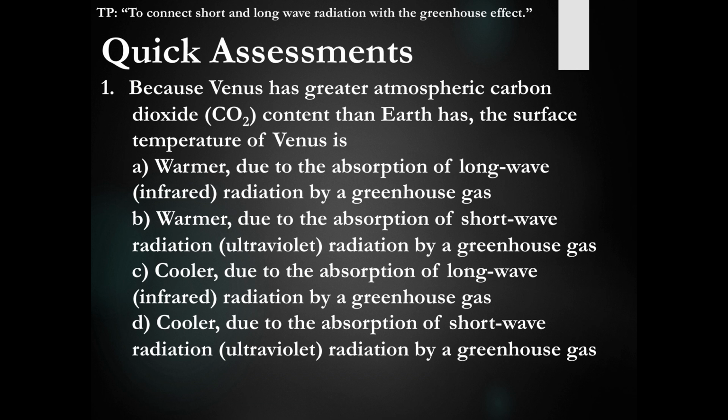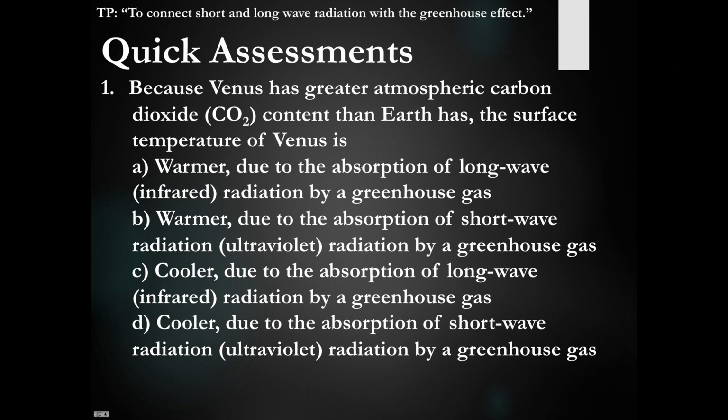Great, thank you. So Venus has a lot of CO2, much more than the Earth. We know CO2 is a greenhouse gas, and greenhouse gases can help trap in a lot more heat. So it's going to be warmer. We can eliminate C and D. It's not going to be cooler.